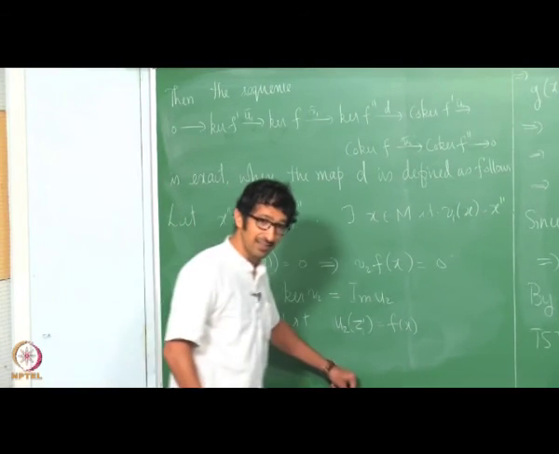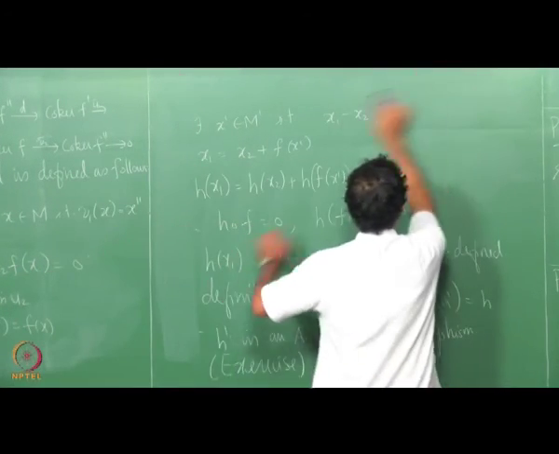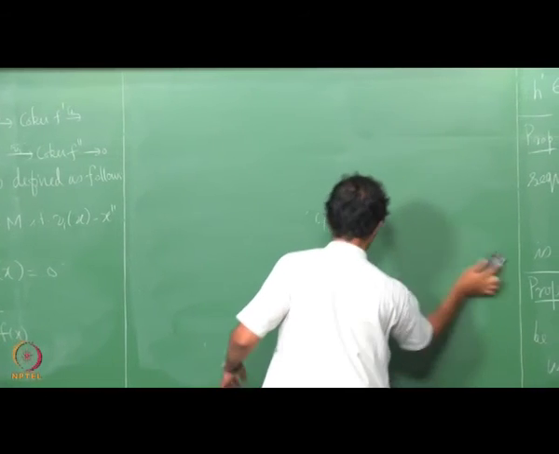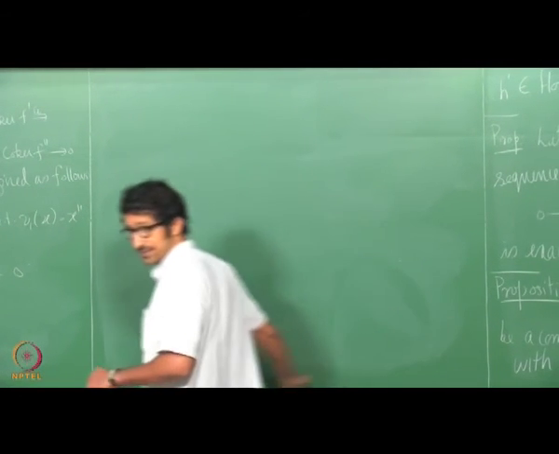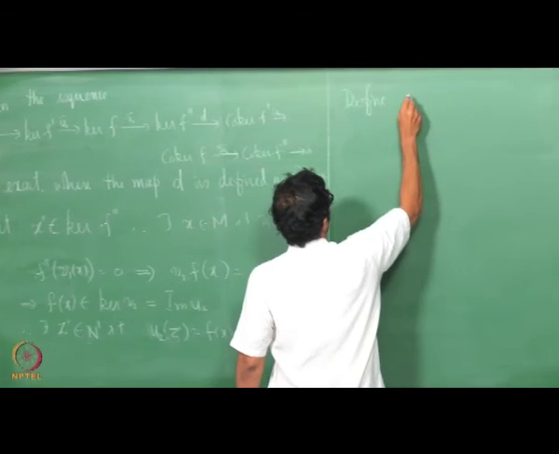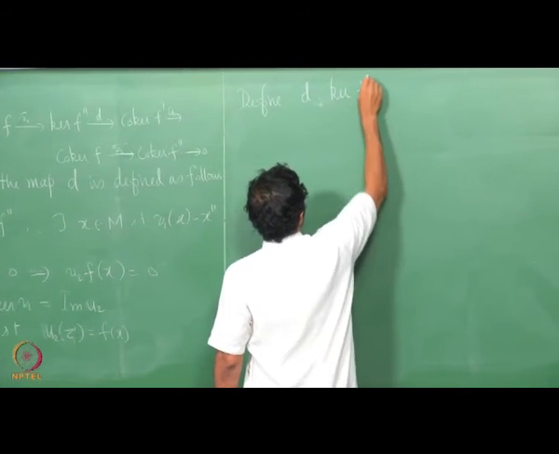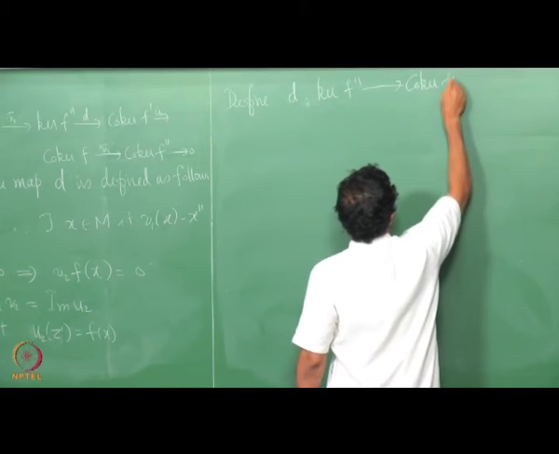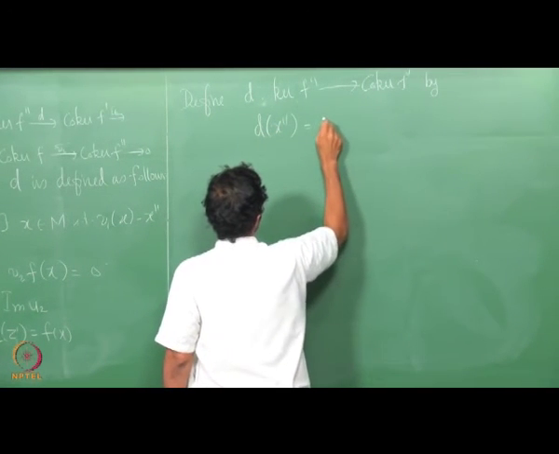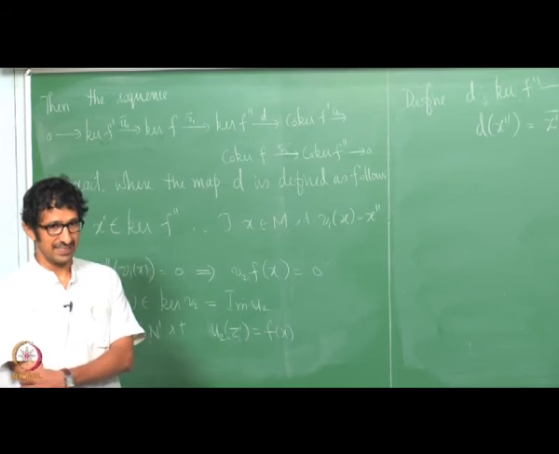Now, the first thing we need to check is whether this is well defined or not. We have travelled a lot from x double prime to reach z prime. How do we know that if we travel a different path, we do not arrive at a different element? So, define d from the kernel of f double prime to the co-kernel of f prime by d of x double prime equal to z prime bar.